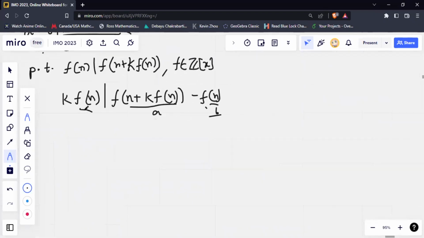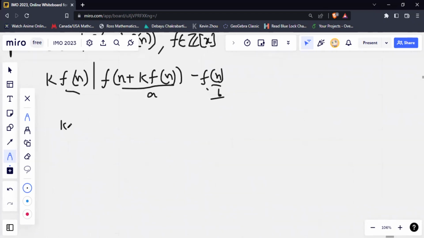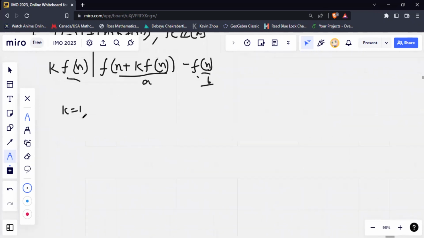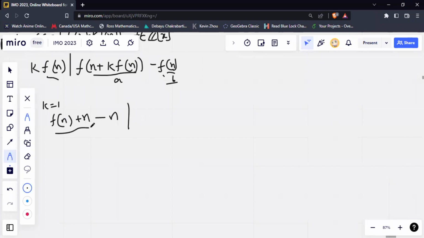Let me just illustrate in a simpler way. So first, let's prove it for k equals 1. Let's just do what he says. It's a and this is b. So we have this.